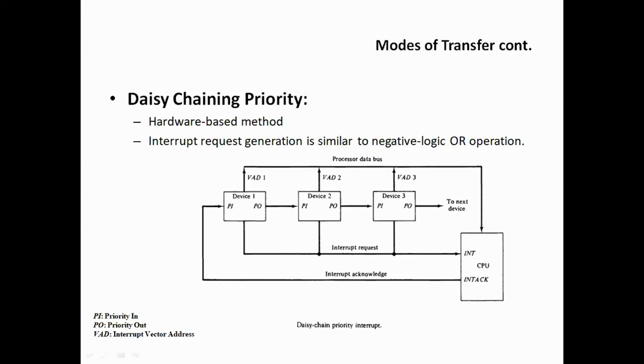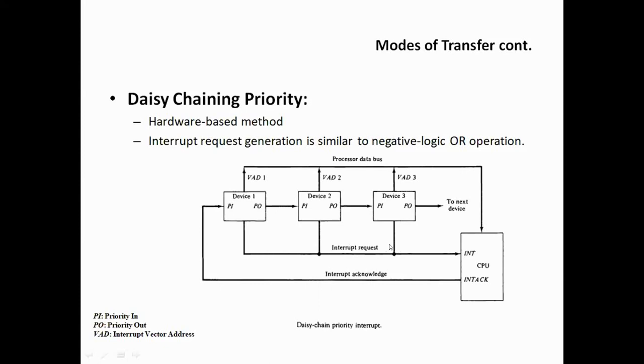So what will happen by this negative logic? If any one of these or more than one is 0, then an interrupt will be produced automatically. For example, if this is 0 and this is 1 and 1, fine, 0 by the NOT gate becomes 1, this becomes 0, this becomes 0.